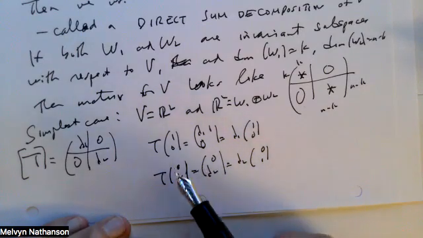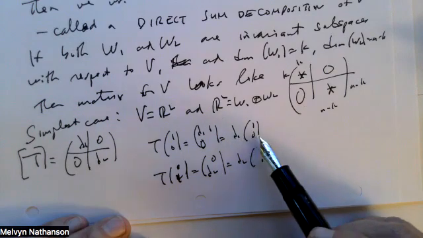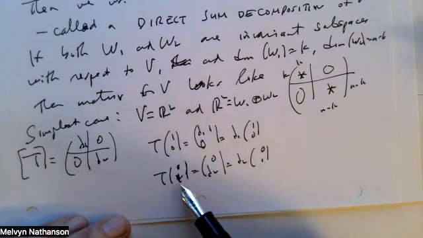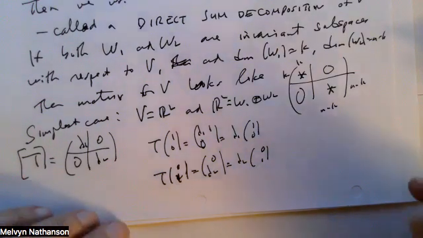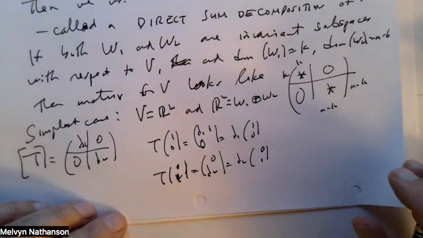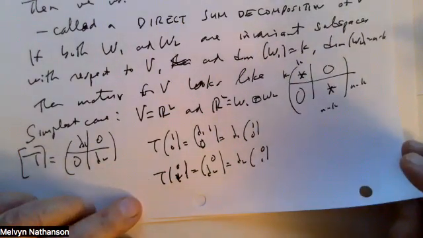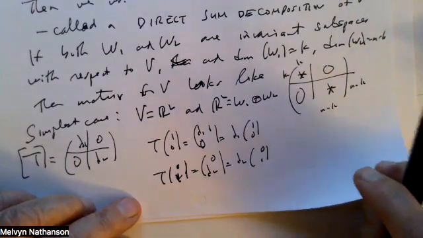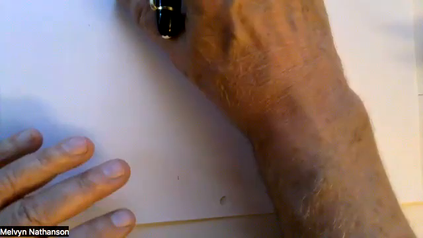And what you see is that T of this vector is just a scalar multiple of the same vector, and T of the second vector is just a scalar multiple of the same vector. And these vectors span one-dimensional invariant subspaces. That's the simplest case of an invariant subspace, and that's actually the only case I want to consider now.